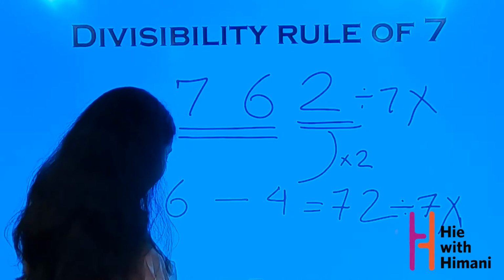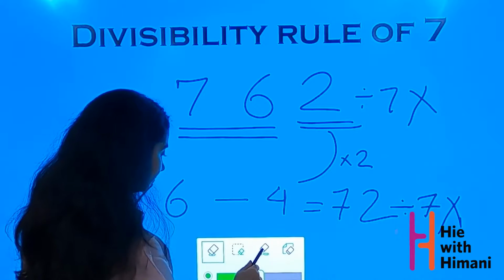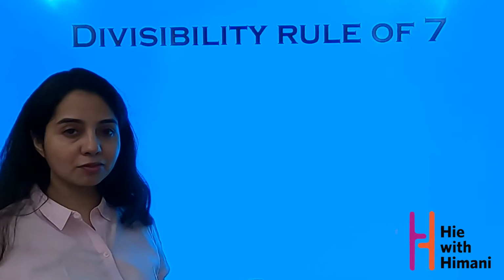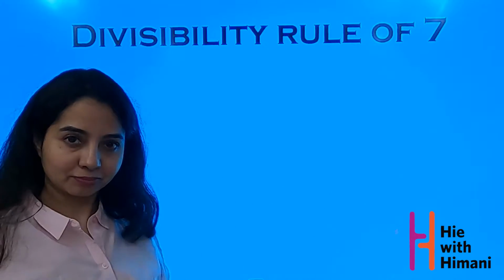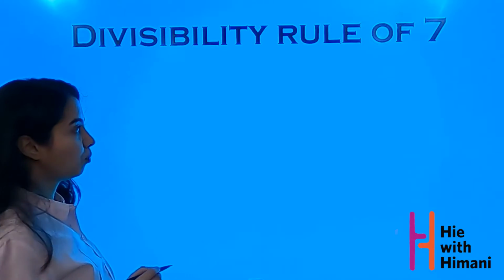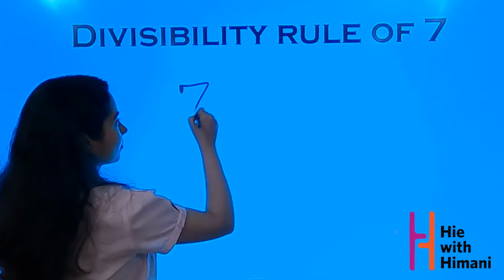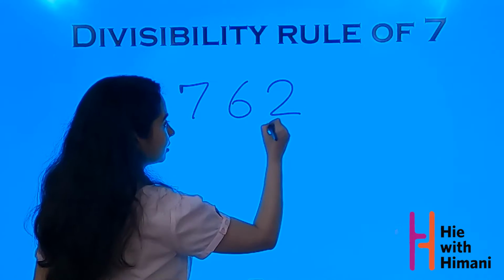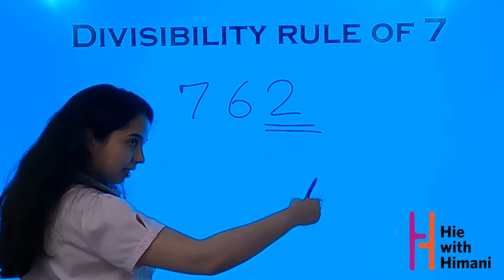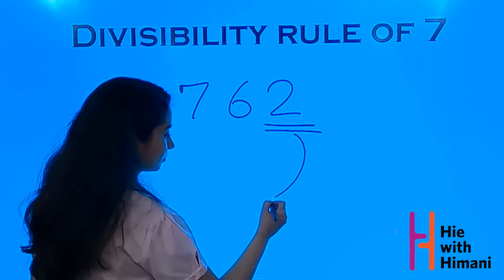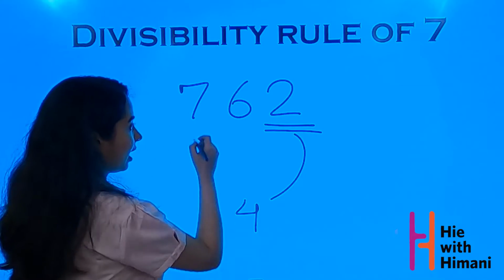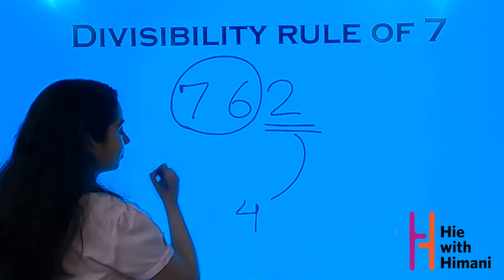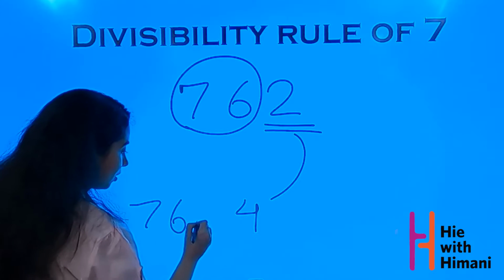Let's repeat this entire thing again. What is the divisibility rule of 7? I was taking the units digit, doubling it, and subtracting it from the remaining number.